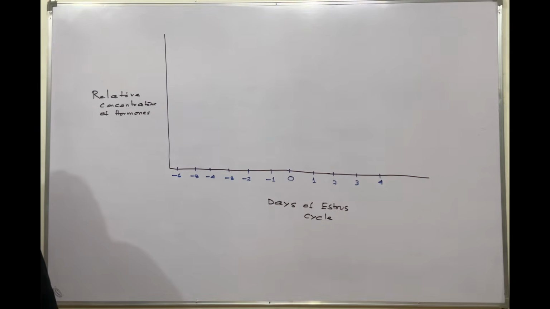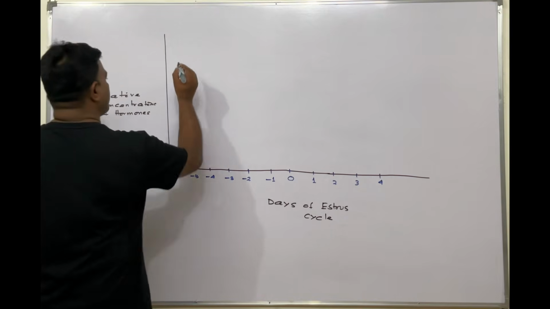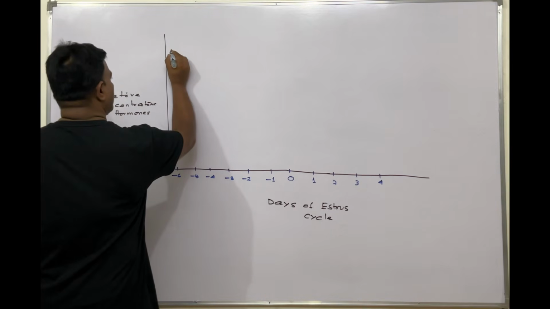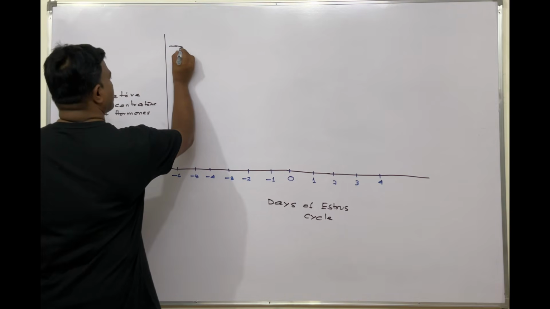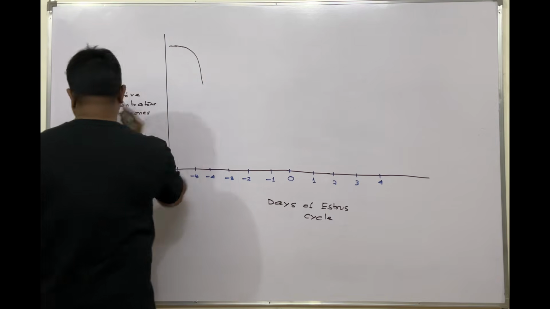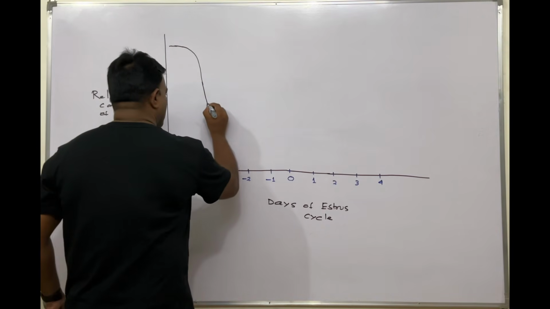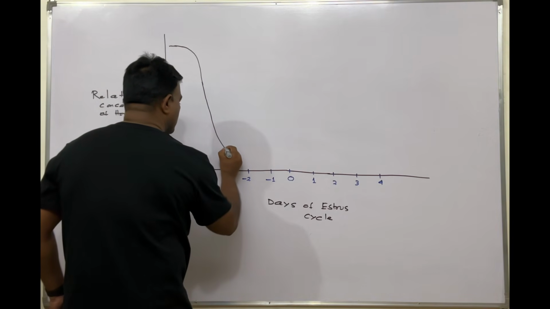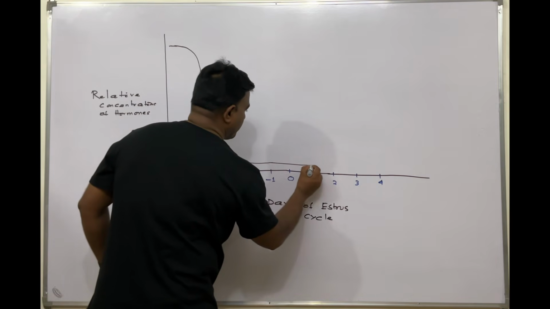Now see this black line, -6 to -4. You are seeing the concentration of the hormone progesterone. Just at the -4, this progesterone is falling, and once it falls, it goes towards a basal level.